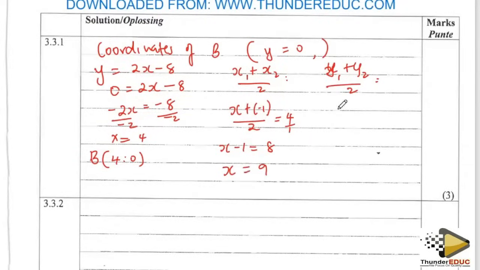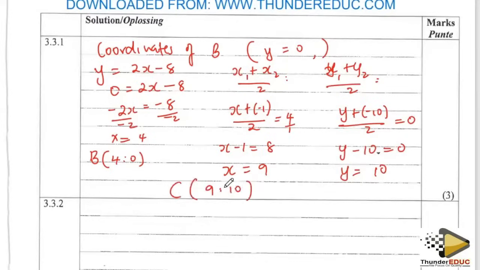Then do the same thing if I have Y plus -10 over 2 must give me 0. Cross multiply. So Y minus 10 is going to be 0 times 2, which is 0. Then I'll transpose the 10 that side, which means Y is 10. So the coordinates of C are 9 and 10.